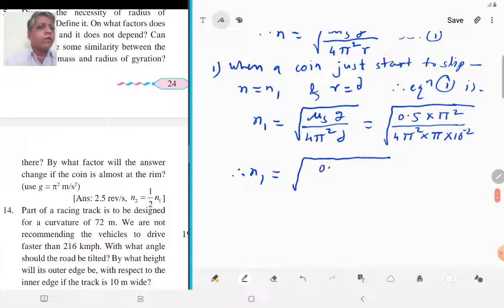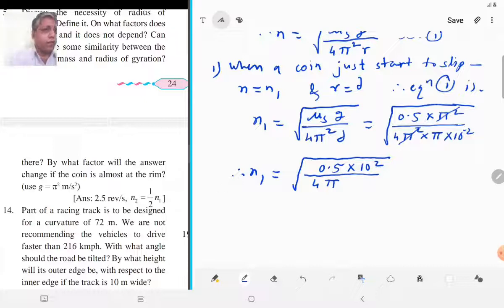Pi square gets cancelled, so 0.5 upon 4 pi. The 10 raised to minus 2 comes to the numerator, that is 10 raised to 2, which is 100. 100 into 0.5 is 50.